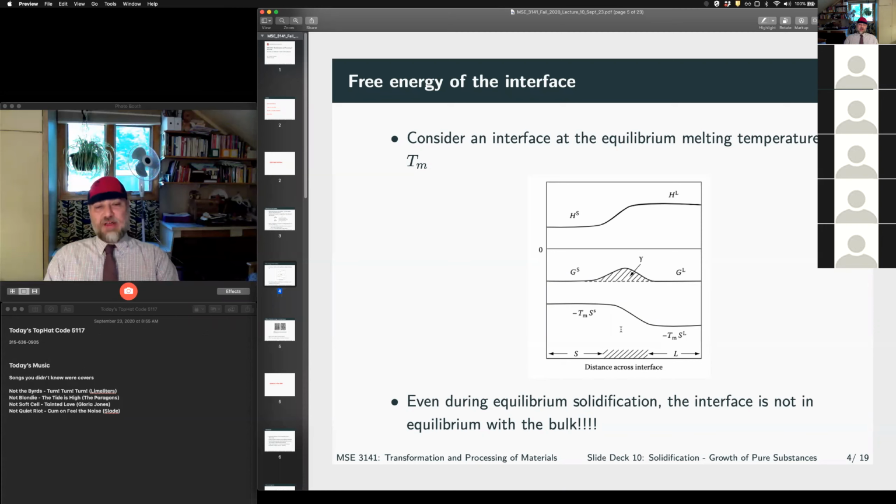And that is another way of thinking about the origin of this Gibbs-Thompson effect. We have an increase in chemical potential in the interface region because we're not in equilibrium with the surroundings.